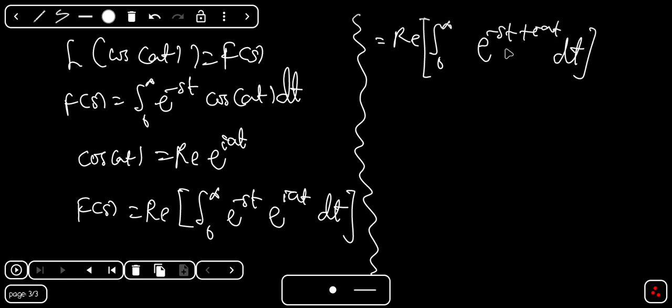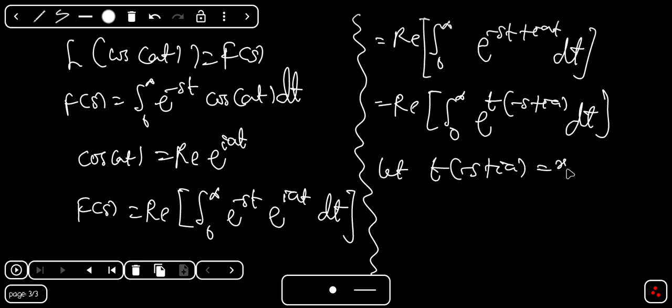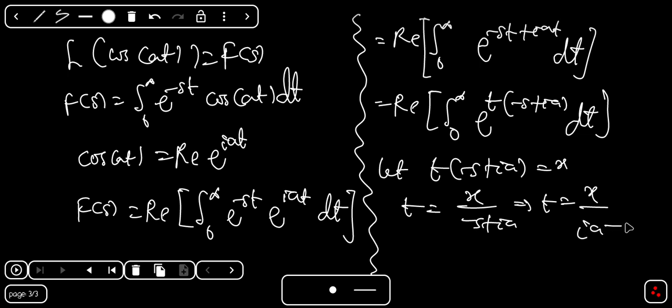So we factor out t, so we have the real part of the integral from 0 to infinity of e raised to the power of t into brackets minus s plus ia dt. Then if you make a substitution, you can say let t into brackets minus s plus ia be equal to x. Then we have t equal to x over minus s plus ia, which is also t equal to x over ia minus s. Then we have dt equal to dx over ia minus s.